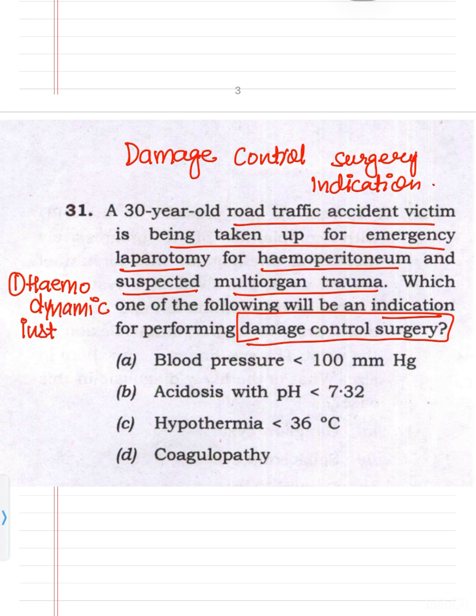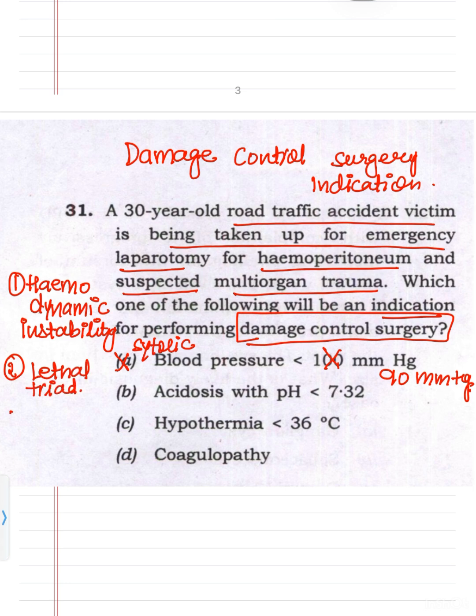and we have discussed that hemodynamic instability means the systolic blood pressure should be less than 90 mm of mercury, not 100 mm of mercury. So A is wrong. The second indication in the physiology was the lethal triad. What comes under the lethal triad?